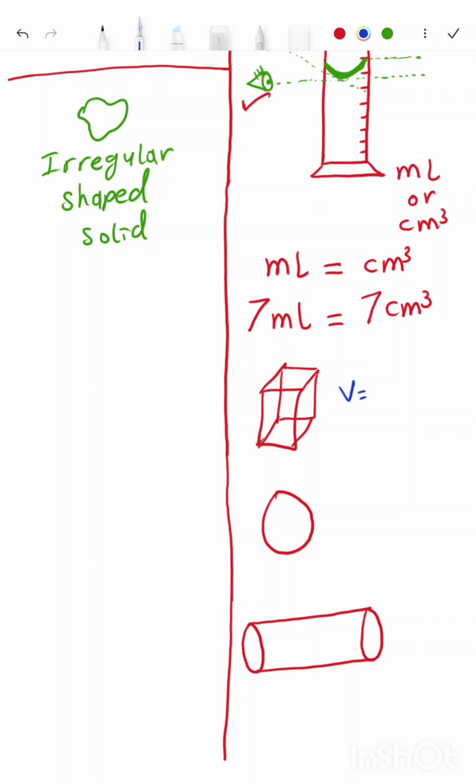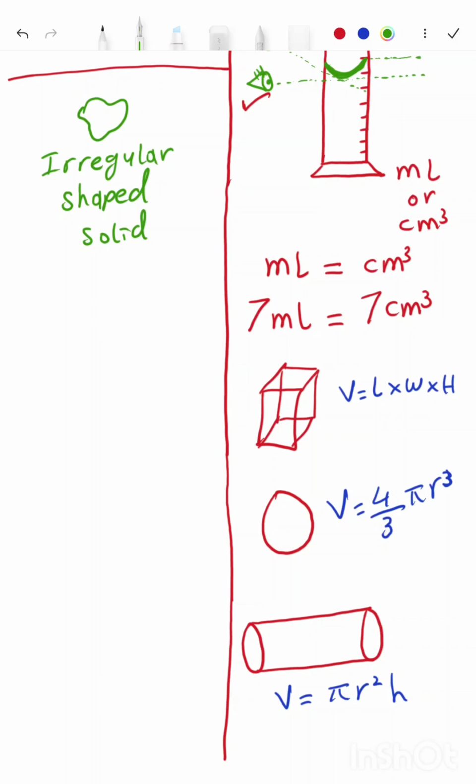For example, if we know the dimensions, length into width into height, then we can find the volume of the cube by this formula. Or if we want to measure the volume of a sphere, then we can use the formula 4 by 3 pi r cube. And for the volume of the cylinder, the formula is pi r square h.